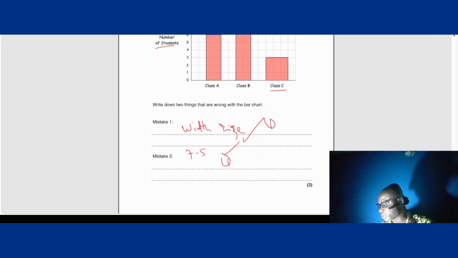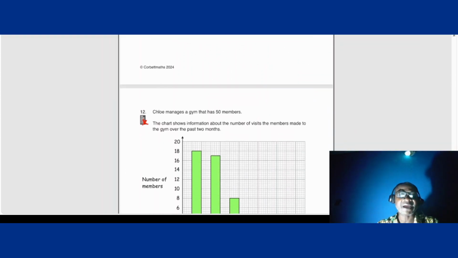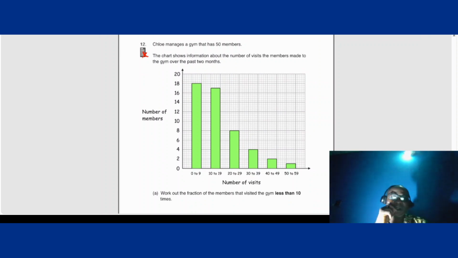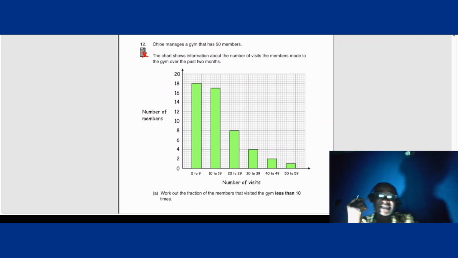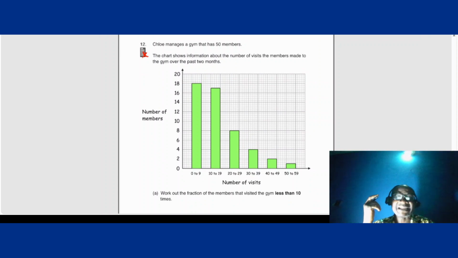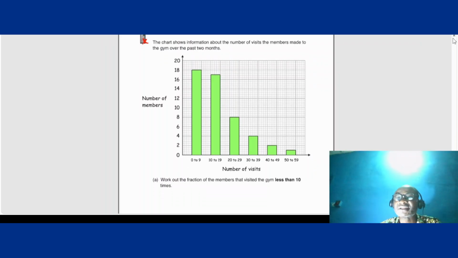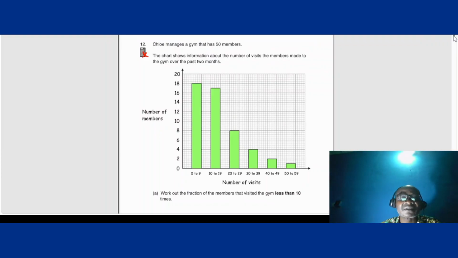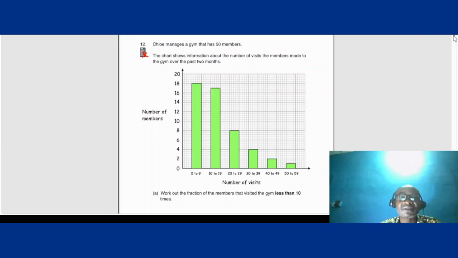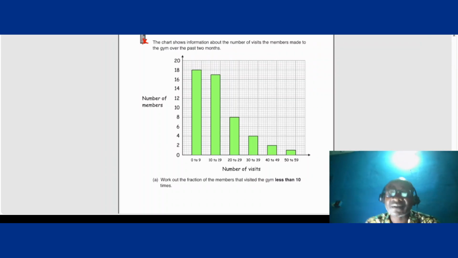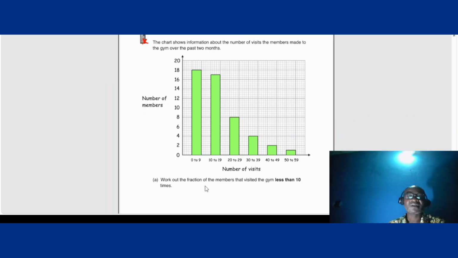So let's go to question number 12. Here, the first question is to work out the fraction of the members that visited the gym less than 10 times. So what answer did you get? I got 9/25, because they said less than 10, which is 0 to 9. That's 18 out of the 50 people. 18 over 50 can be simplified to 9/25.